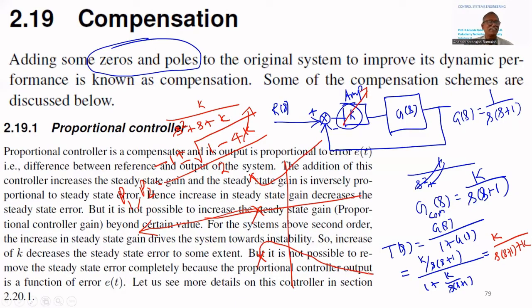As K increases, at one particular value of K, it is exactly on the J omega axis. It means the system will oscillate. If you further increase K, the pole moves to the right hand side.